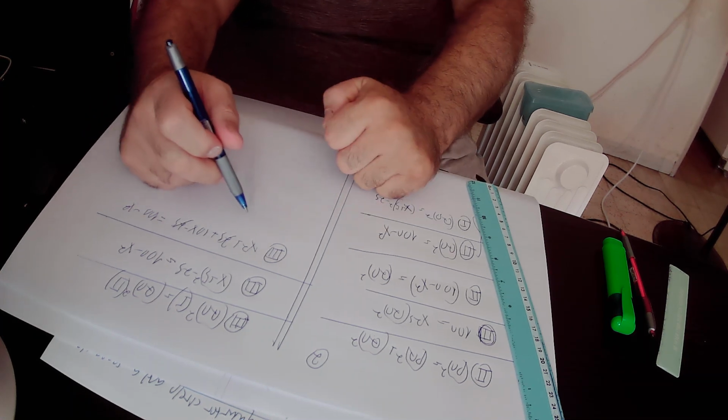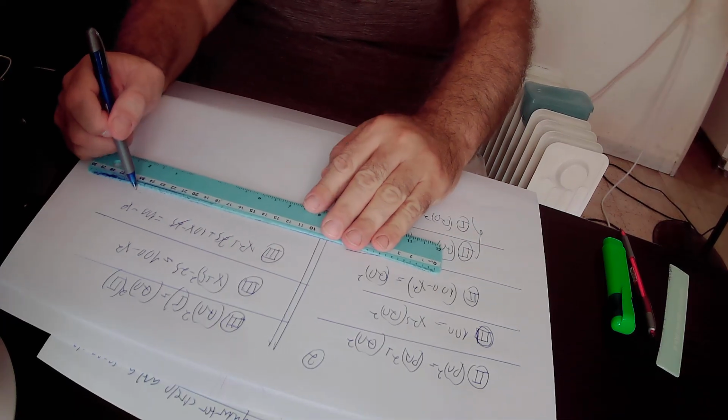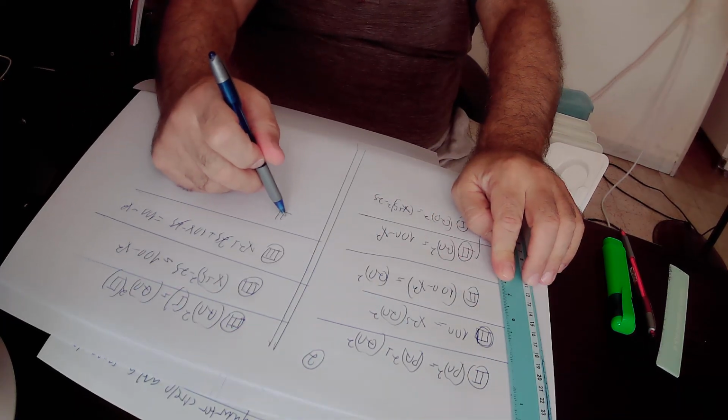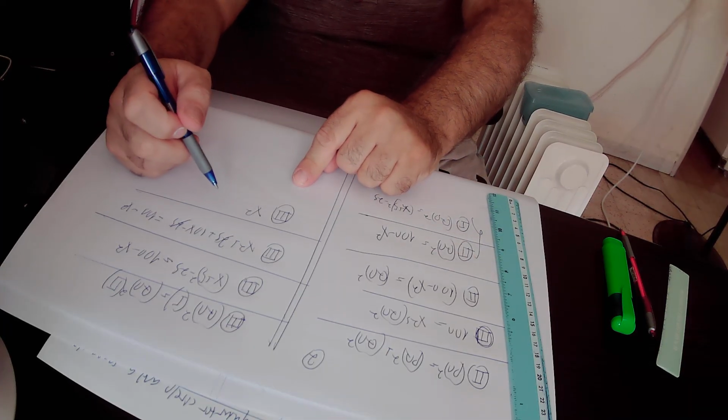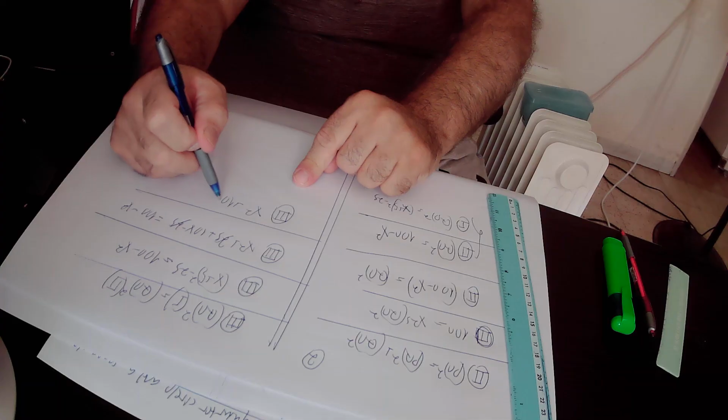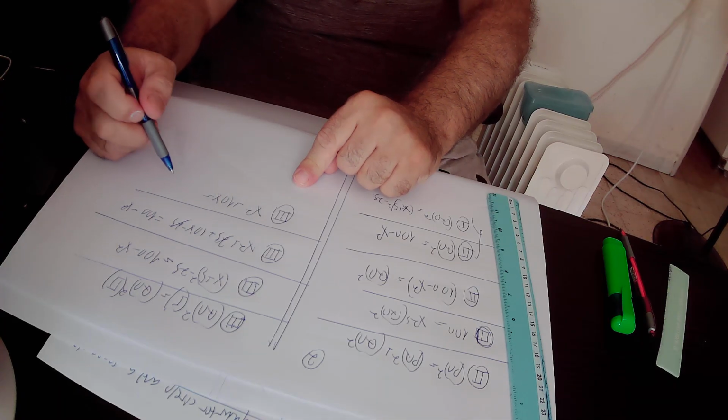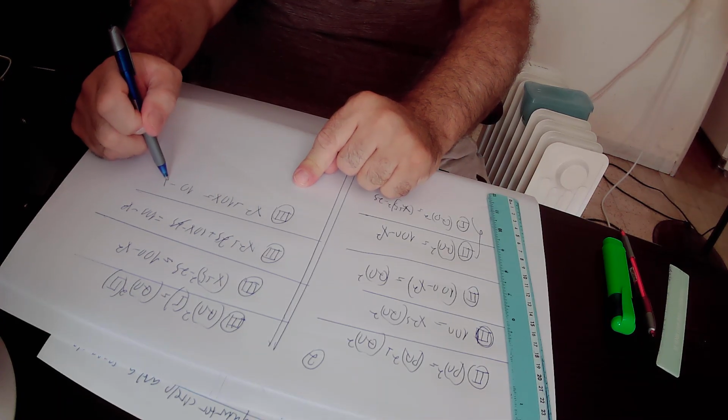After we cancel 25, on this side of equation 3 we are left only with x squared plus 10x equals 100 minus x squared.